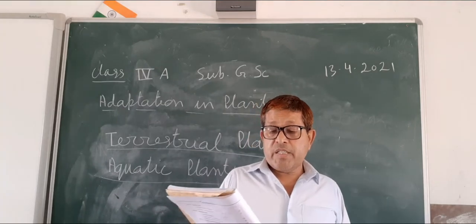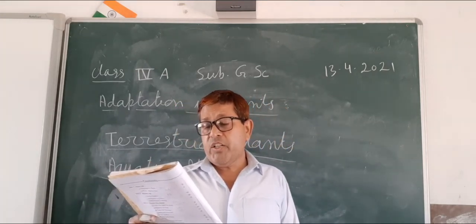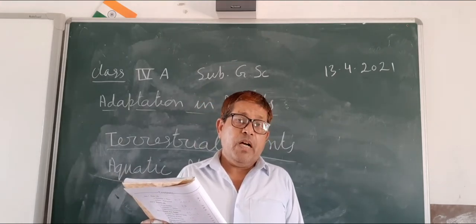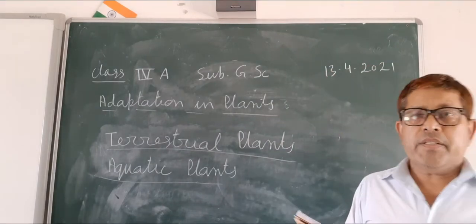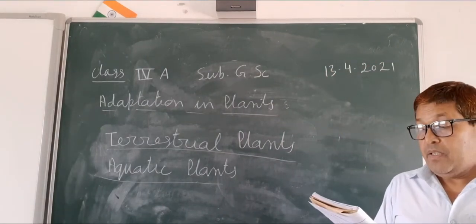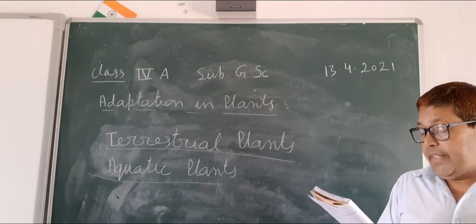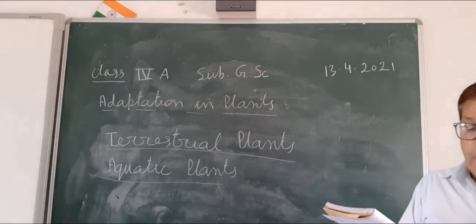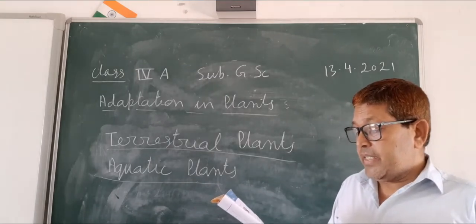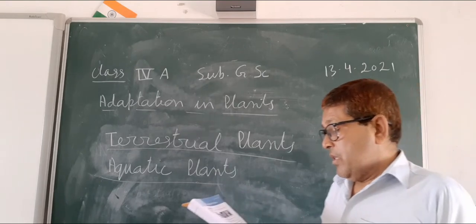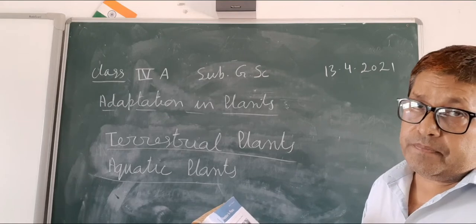So, a terrestrial plant is one that grows on land. The land has different features like mountains, deserts, plains, coasts and marshes.